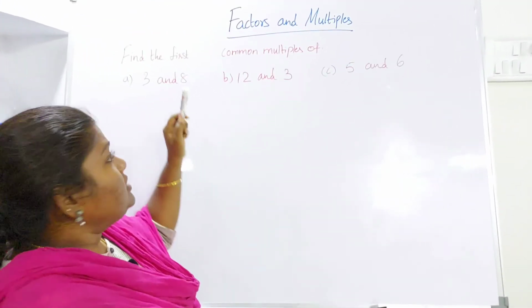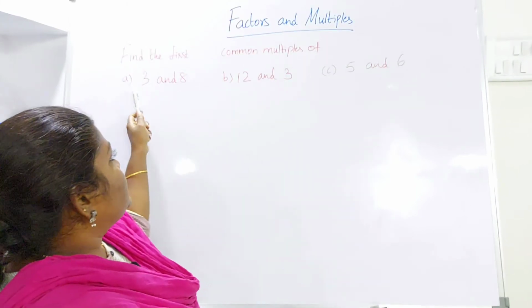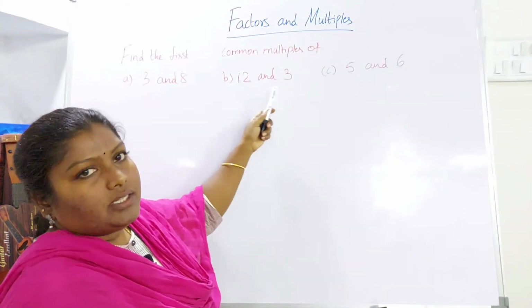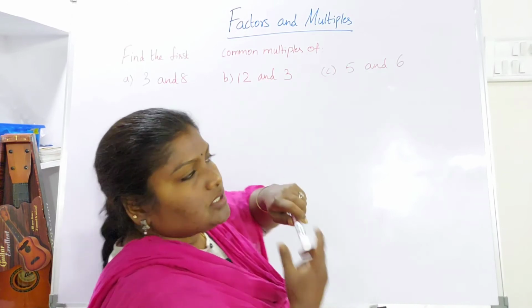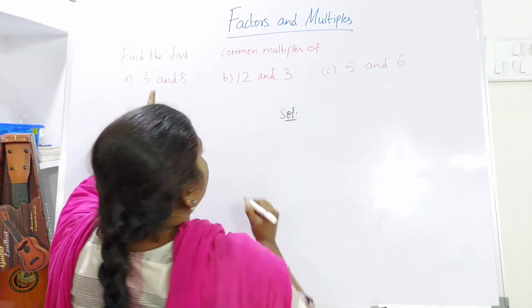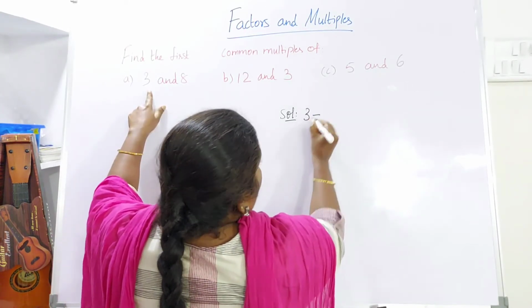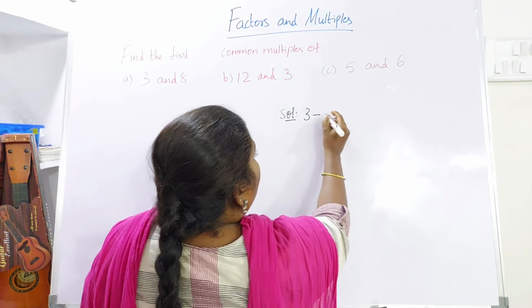Next one is find the first common multiple of 3 and 8, 12 and 3, 5 and 6. So let me write the first one. So write down the multiples of the terms. Now the first one is 3. So multiples of 3 are 3 ones 3.